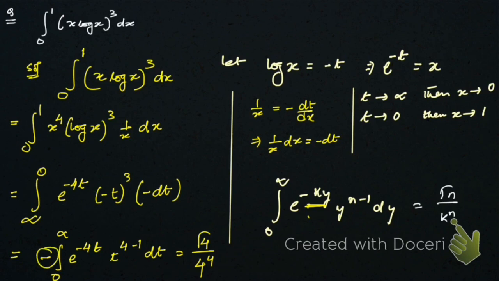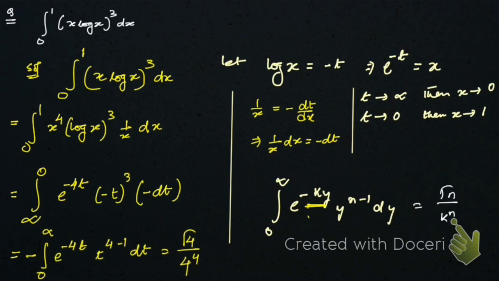As we have a minus sign here, there should be a negative. Now evaluate this: gamma n is nothing but factorial n minus 1, or you can say gamma n plus 1 is factorial n.